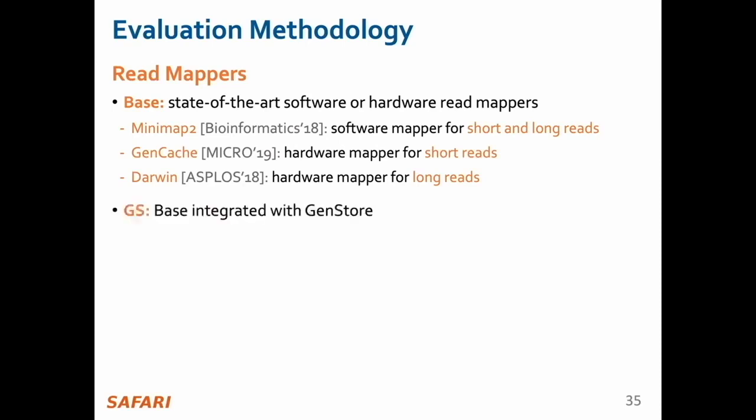We compare these systems with GS, which is base integrated with GenStore. That means we compare, let's say, a hardware mapper with a hardware mapper integrated with GenStore, because GenStore can be combined with different software or hardware systems since it orthogonally runs inside the SSD. That is the comparison point.